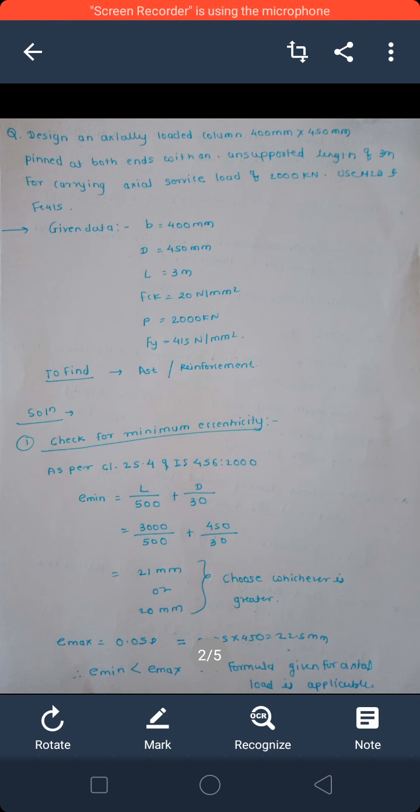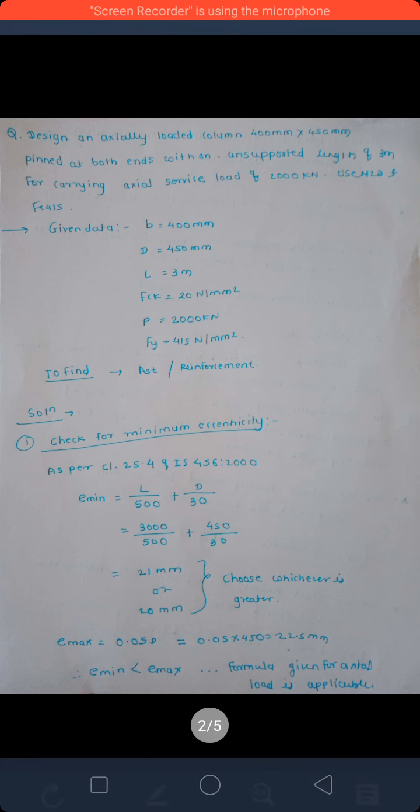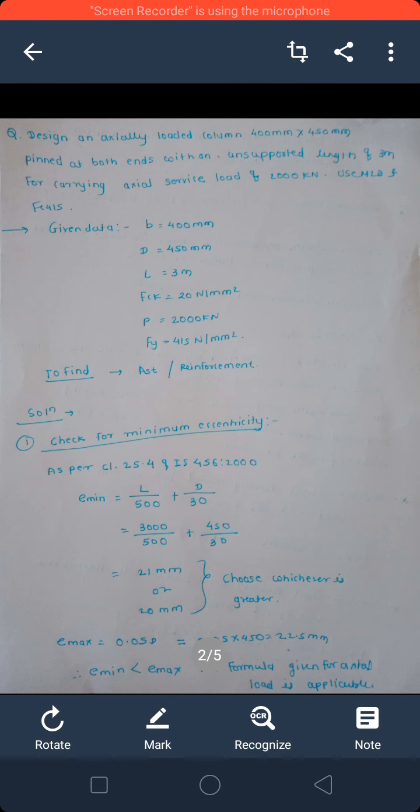As per IS 456/2000 clause number 25.4, e minimum is given by L by 500 plus D divided by 30. e minimum is 20 mm or 21 mm, whichever is greater. But e max is calculated by using formula 0.05 times D, which is 22.5 mm.